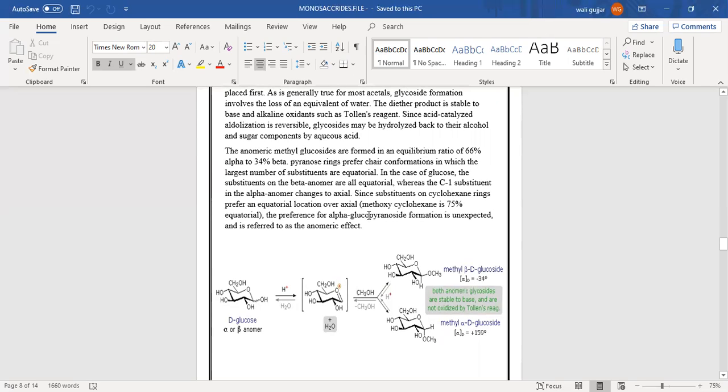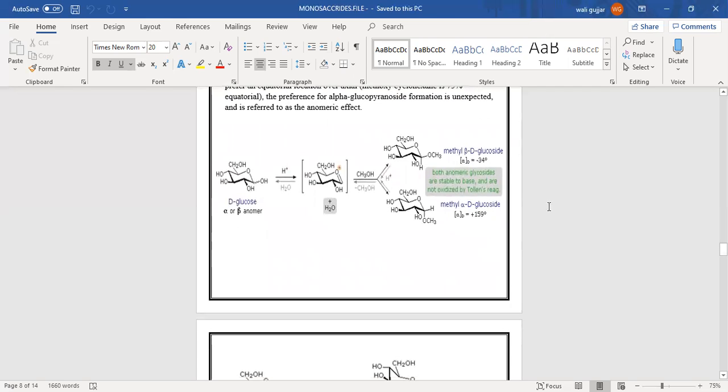The preference for alpha-glucopyranoside formation is unexpected and is referred to as the anomeric effect. Both anomeric glycosides are stable to base and are not oxidized by Tollens reagent.